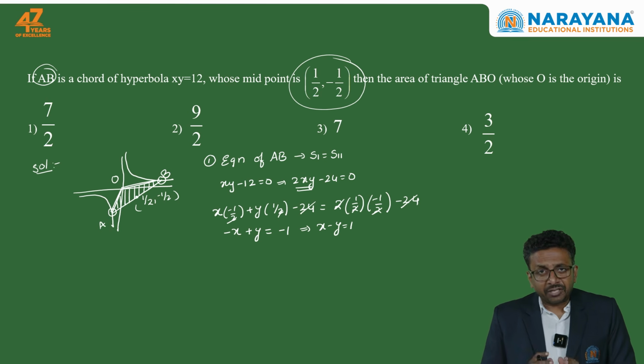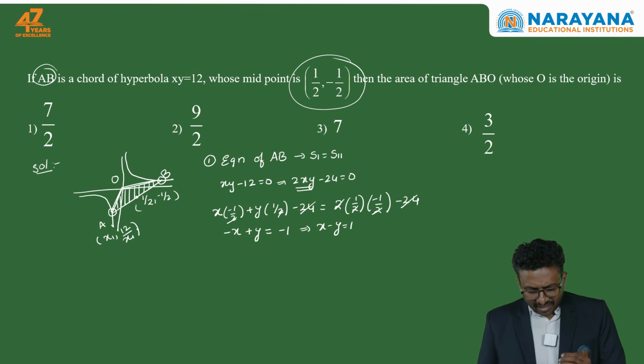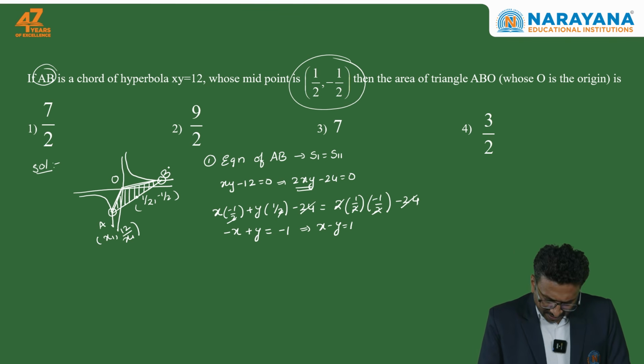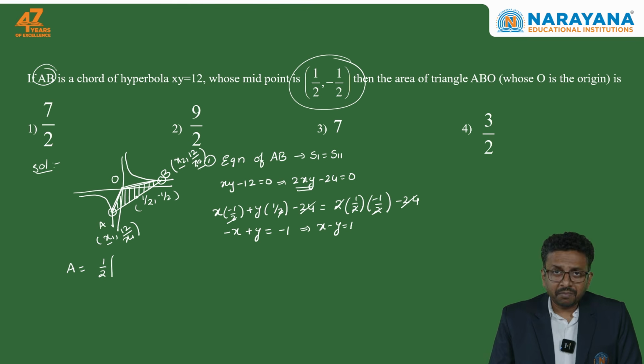Now we are going to find the points of intersection A and B. But without actually finding the points of intersection, let me do something nice. If we take the point A as x1 comma y1, it can be written as x1 comma 12 by x1. This is like a parametric point. So if you take the x coordinate of A as x1, the y coordinate can be written as 12 by x1. So B can be assumed as x2 comma 12 by x2. We know that the area of the triangle is half of mod of x1 y2 minus x2 y1.